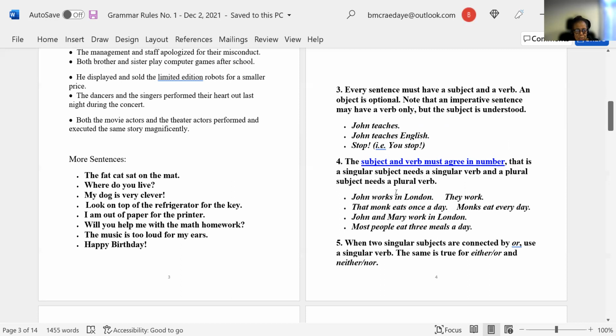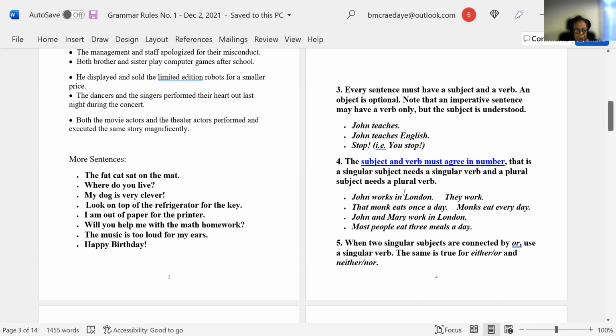John works in London. John is a singular subject. Works is the singular verb. Okay, so you say John works. But if you had a plural subject with work, you would say they work. They is a plural subject, and then work is the plural verb.